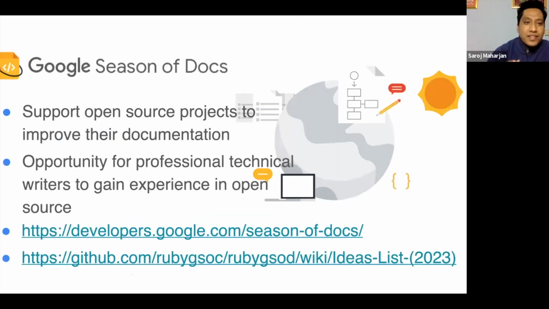And yeah, besides Google Summer of Code, there is a separate program, Google Season of Docs. This is for the documentation section, and is unrelated to Google Summer of Code. Most of the time during development, we often forget to write the documentation, like how to get started and how to contribute to the open source projects.